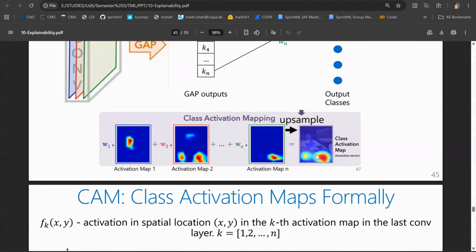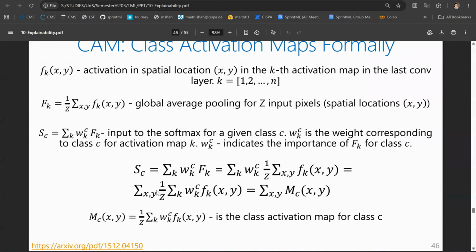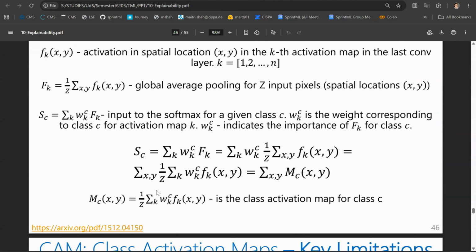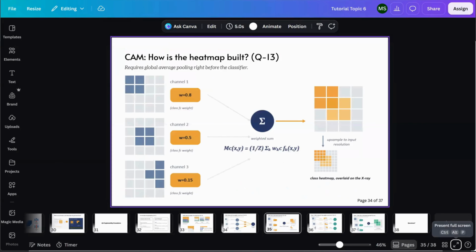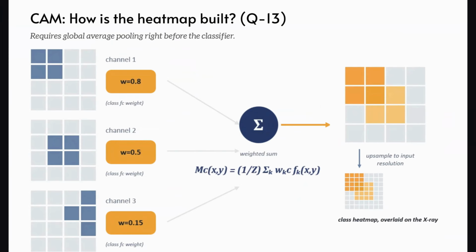You're weighting each of them. The Z input pixels, spatial location. K is the kth activation map. Okay, so it would be 16. I'm sorry. We'll do it channel wise and then add those channels' results together. Divide by 16, yes. Sorry.